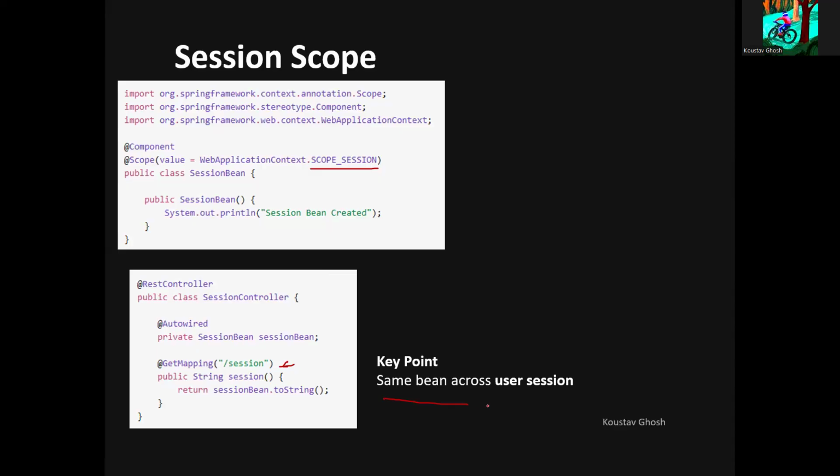That's why I have added this point as well, same bean across user session. If you want to compare it with a real life example, this is like your shopping cart in an e-commerce application. It stays the same until your session ends, right? So once the session is destroyed, the bean is also destroyed.